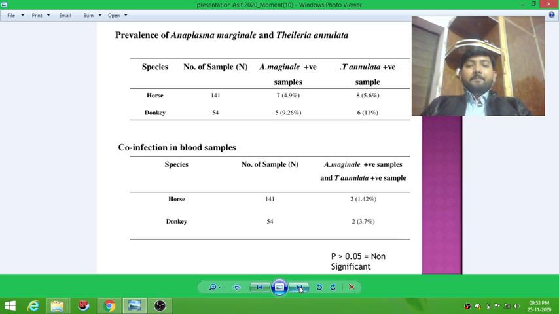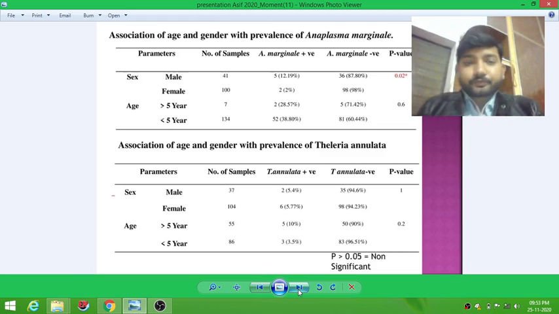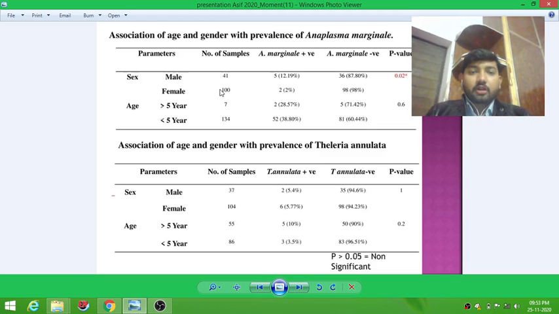These tables show the prevalence of parasites in horses and donkeys. We also detected the correlation of the prevalence of the parasites with the sex and the age of the animals.